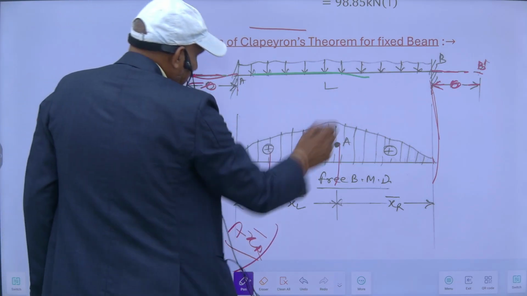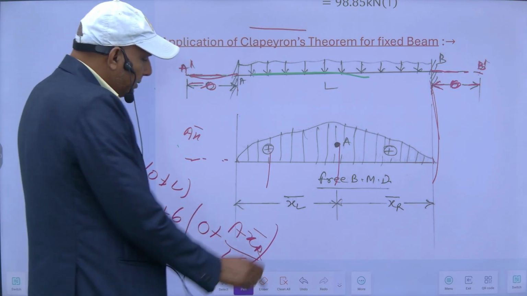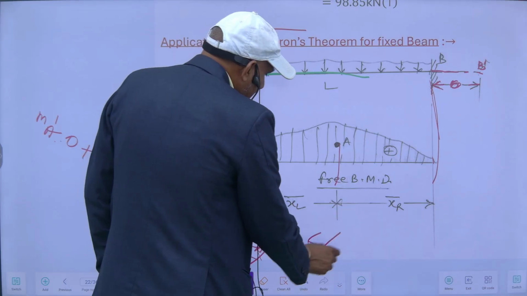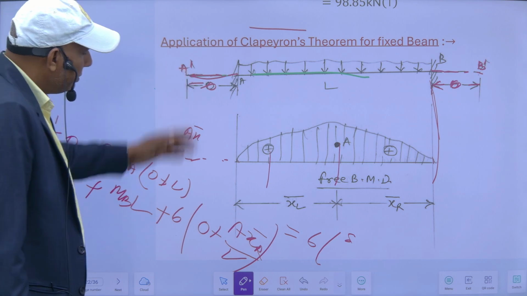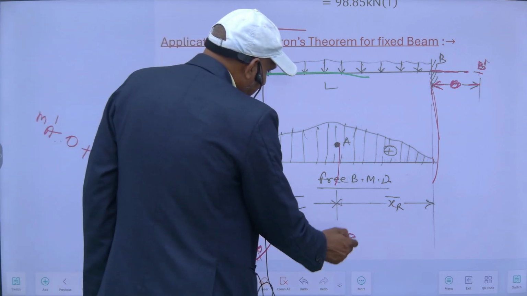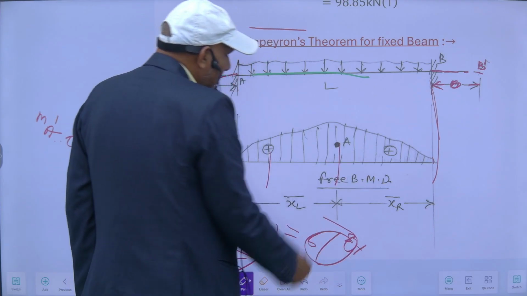So, L is this, that will be equal to 6 delta 1 upon, so delta 1 will be 0 since this span is 0, and if settlement is there, then okay, otherwise whole is 0.